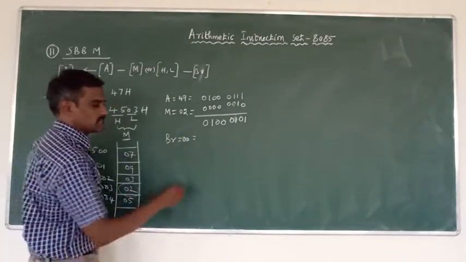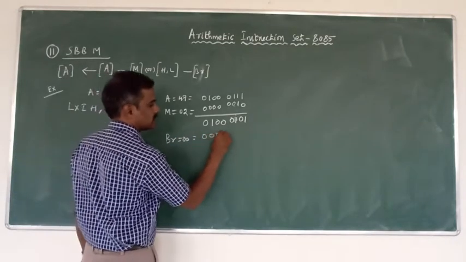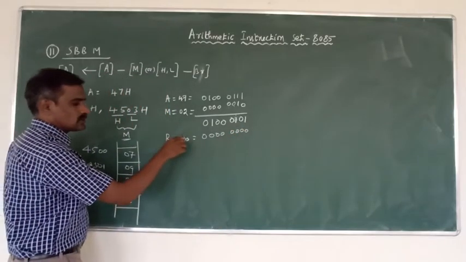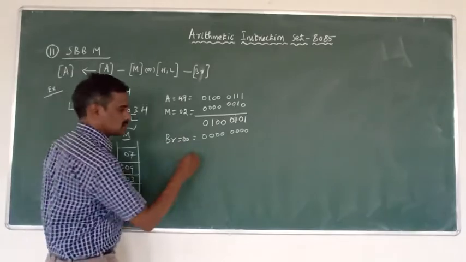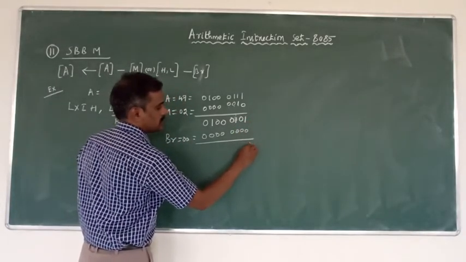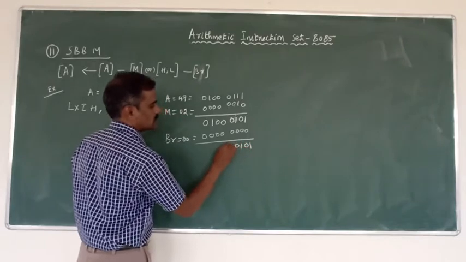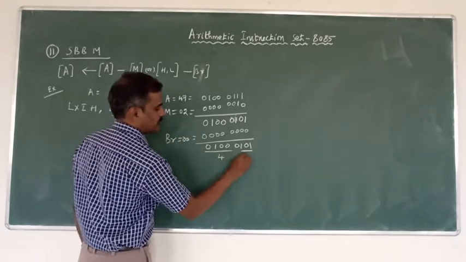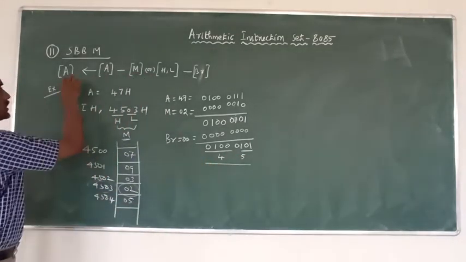No borrow means we subtract 0. Suppose there is a borrow, then we subtract 0 1. So no borrow means the result is 0 1 0 0 0 1 0 1. Now the result is 45 in the accumulator.